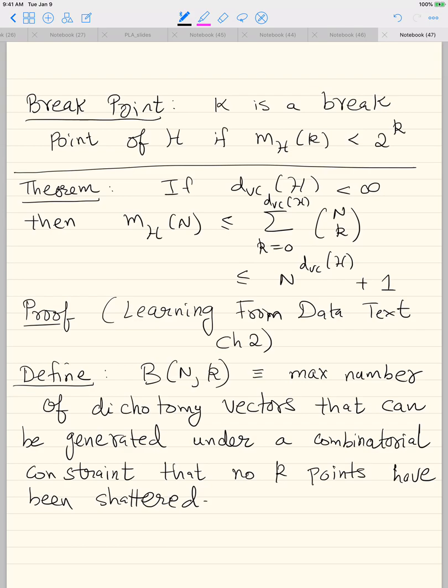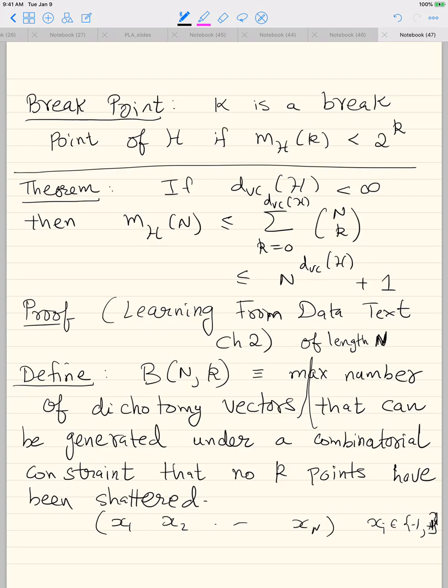So if I have, say, x1, x2, up to xn, this is a dichotomy vector, then each of these coordinates is either minus 1 or plus 1. And if I look at any collection of k coordinates, then in this set of dichotomy vectors that I generate, I should not have all 2 to the k options. Less than that is fine, but not all 2 to the k.